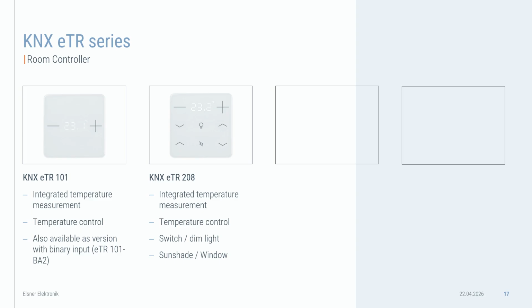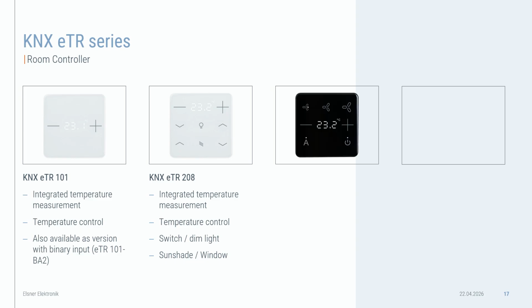Then in the third picture, we see the ETR 102 FC and the ETR 103 AC. I will show you the FC later in some more detail, but I want to change the view to my camera and show you the FC and the AC version.